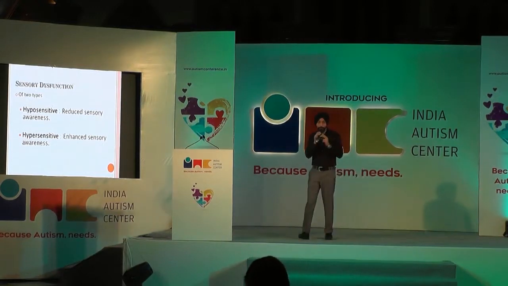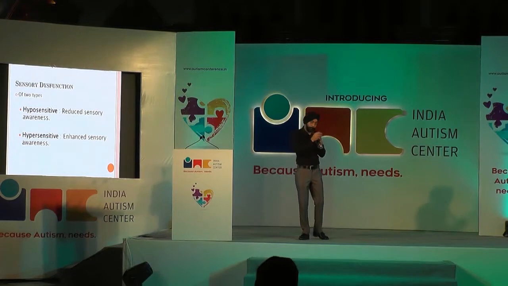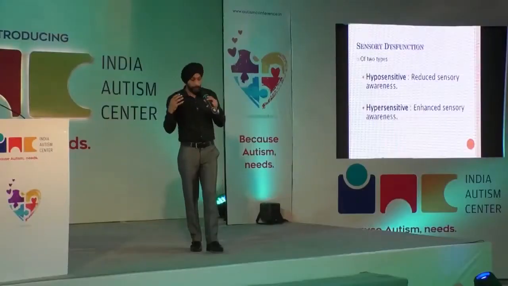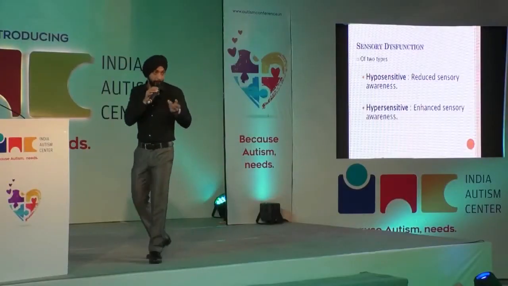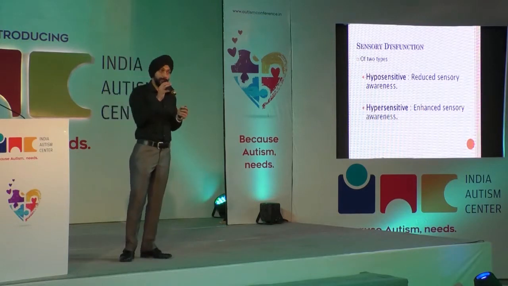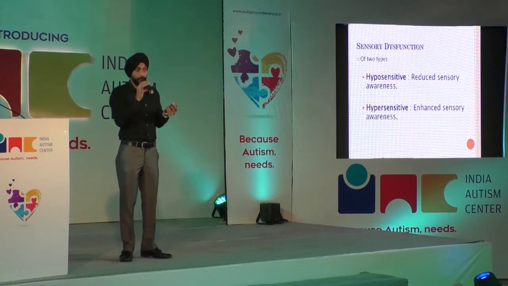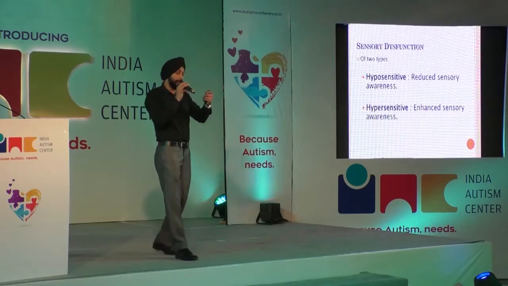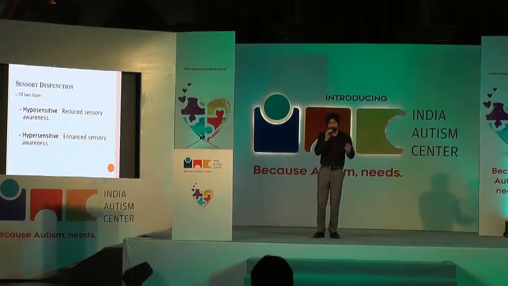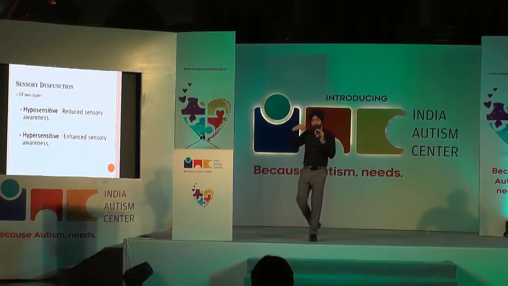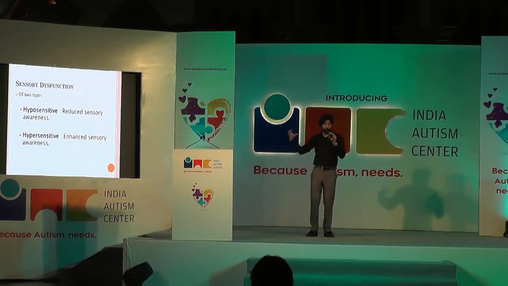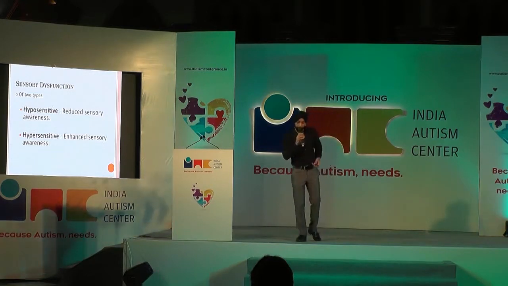Similarly, in hyposensitivity, the intensity of the stimulus is so low that my brain is again not able to process it. When I talk about intensity, I mean the intensity at which a normal person can give responses. If, in a normal intensity, somebody is talking, a child or an adult should be able to hear it, but a child who has SPD may not be able to hear it because of the intensity. So this is what sensory dysfunction is.